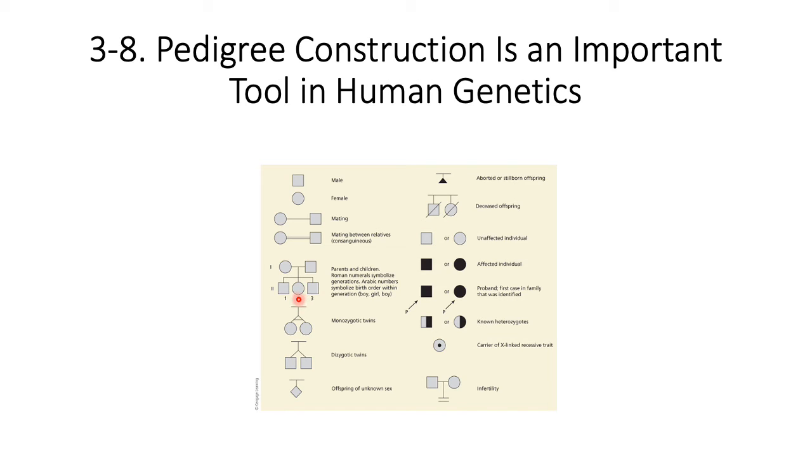Another important thing for you to know with these pedigrees, at least for this class's sake, is that when there's a gene or a disease of interest and you want to follow the pattern, the affected individual is shaded. We use a shading color which represents the individual who has either the trait, the characteristic, or the disease, depending on what you're looking at.